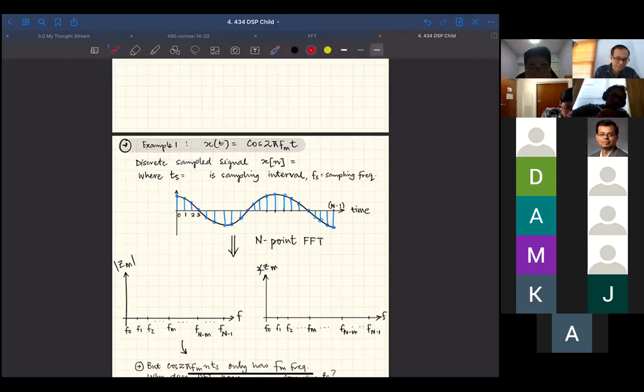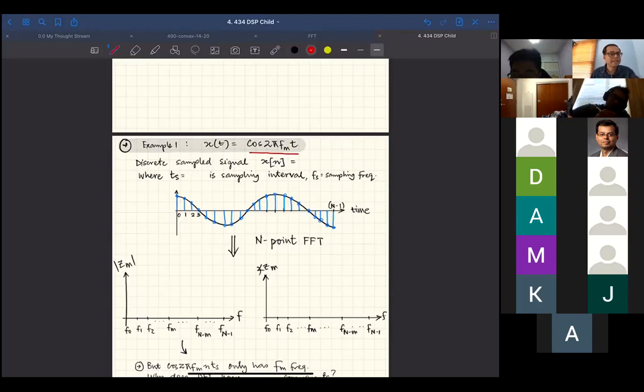Okay, good. Let's discretize. Actually, this is one you want to pay attention to. I think this will clear up a bunch of things. Okay, maybe not everything, but a bunch of things. So this is an analog signal in time. When you sample it, the signal becomes x[n], where n is sample number 1, sample number 2, sample number 3, all the way to sample number capital N minus 1.